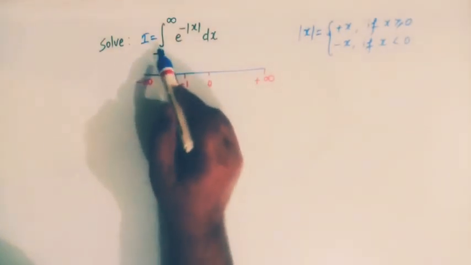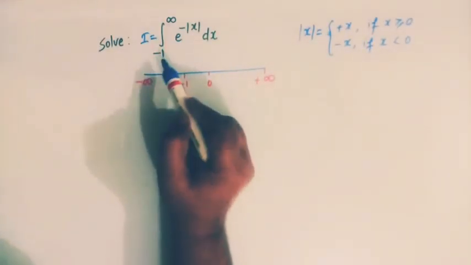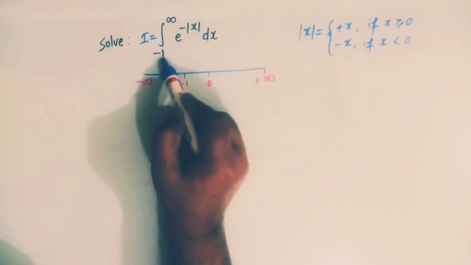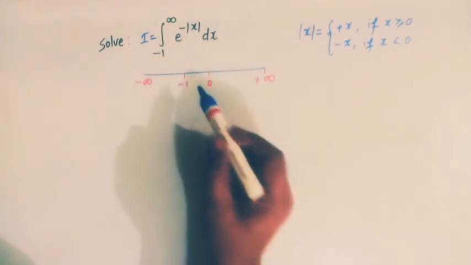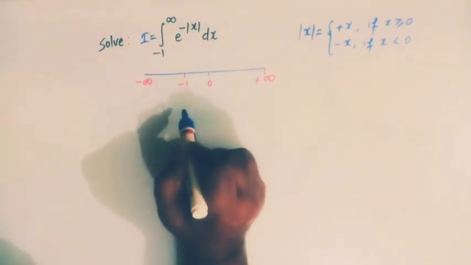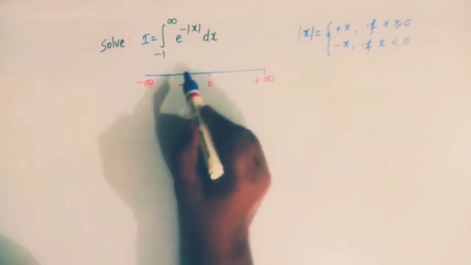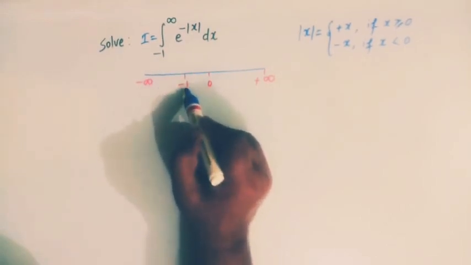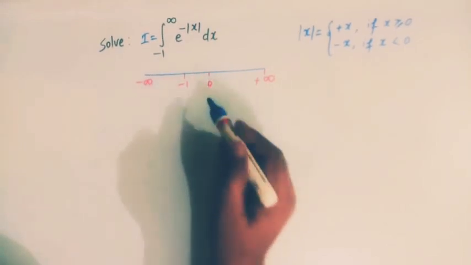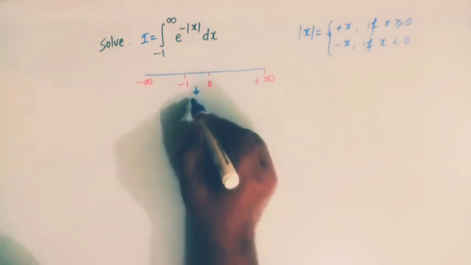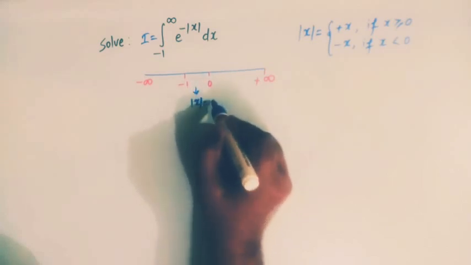So here we have the limits from -1 to infinity. What we see here is that when we take the interval from -1 to 0, then mod of x is equal to minus x.